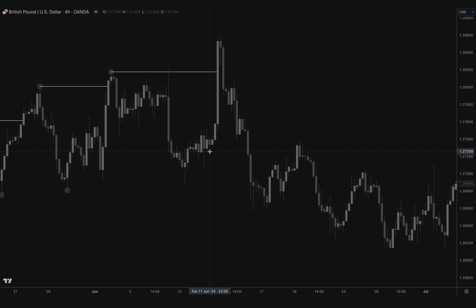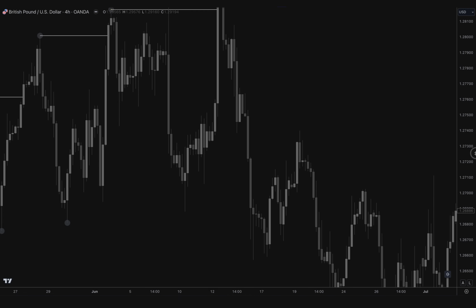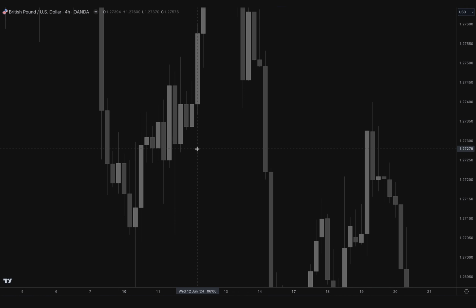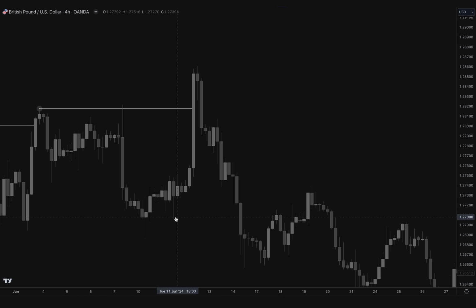So it says 328. If I go to the next candle, it says 330. So it just means that instead of zooming in very close, you can just very quickly hover over them and see which one was the lowest. But basically, we're still going down, which means this candle was the lowest point in minor structure.